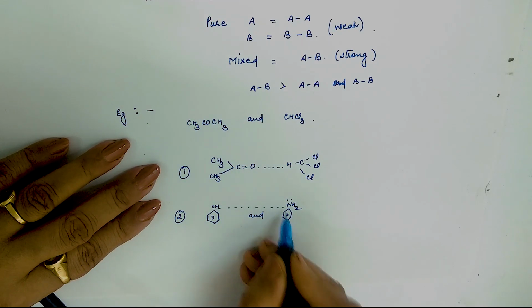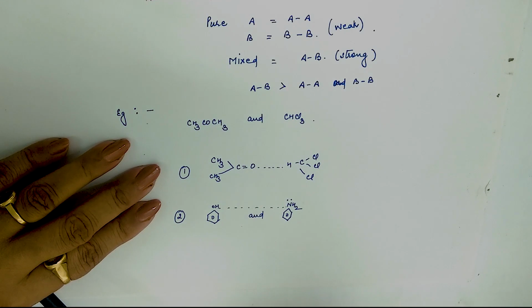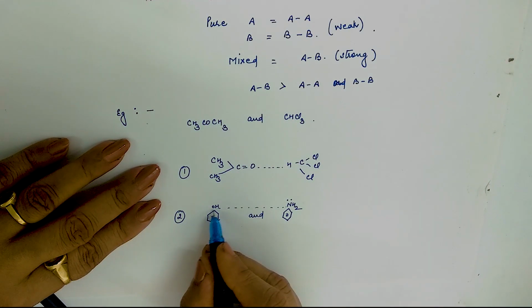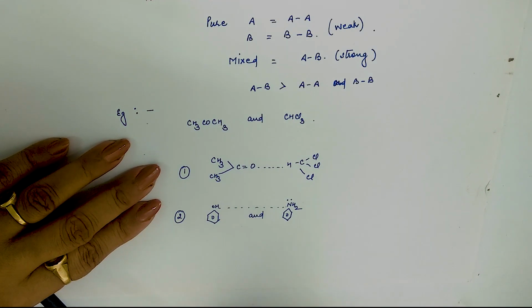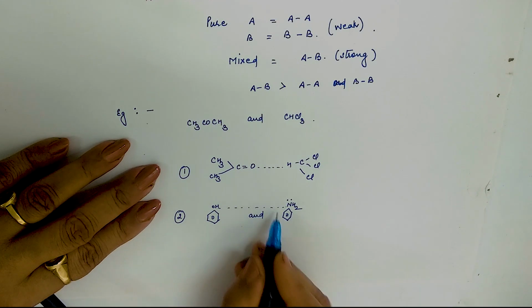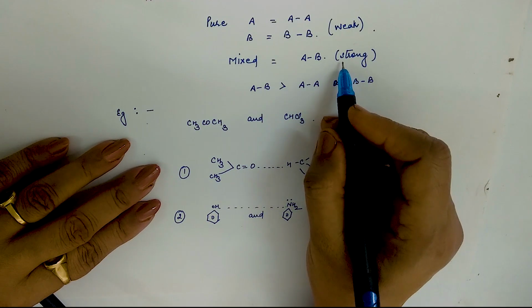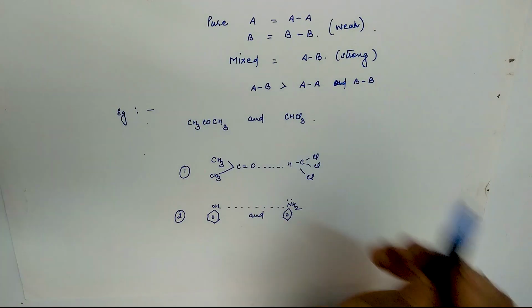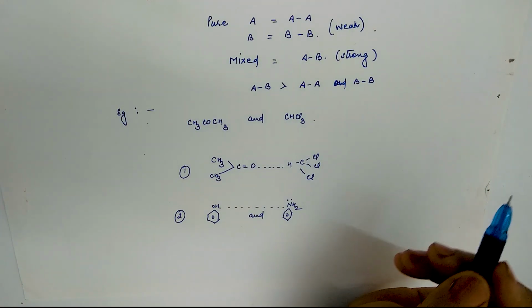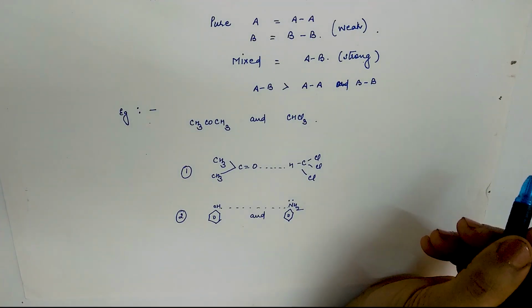So this hydrogen, already covalently bonded with the oxygen, can easily form the hydrogen bond, and since the forces become strong, it is also an example of the negative deviation from Raoult's law.